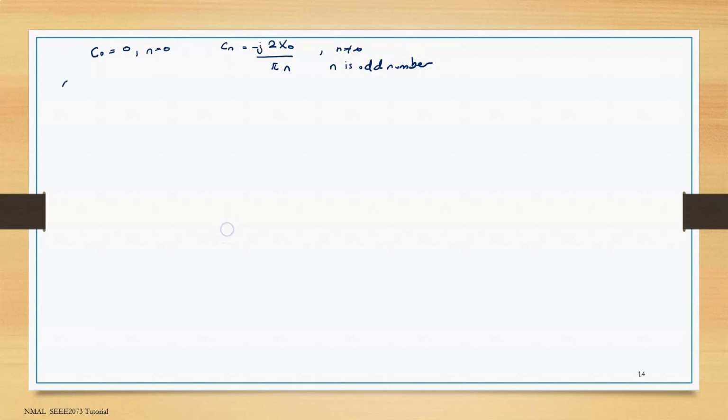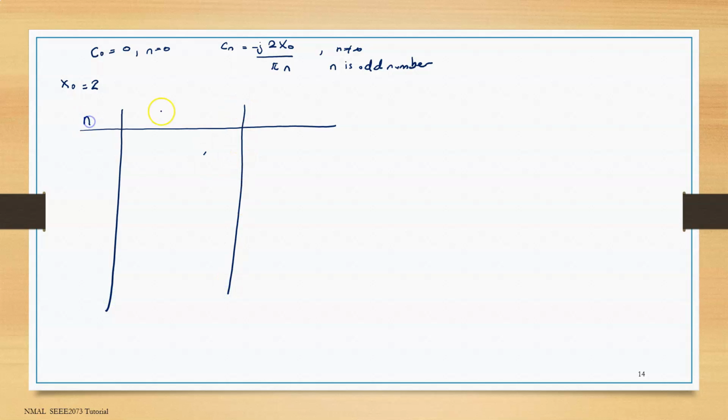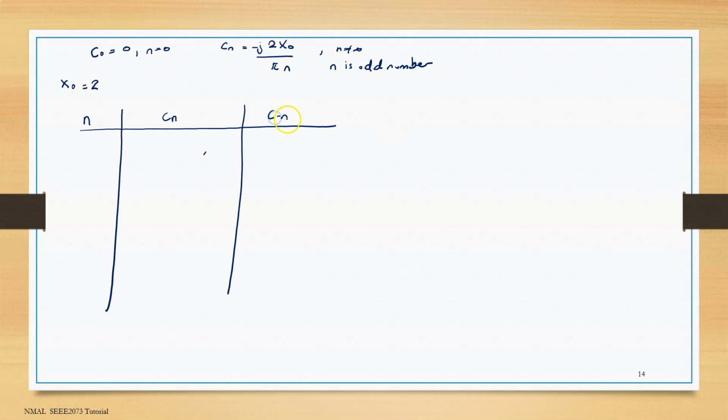So x naught is equal to 2. Then you draw the table for n, Cn, and C negative n. For n equals 0 there is no value, so you don't have to put it in the table.